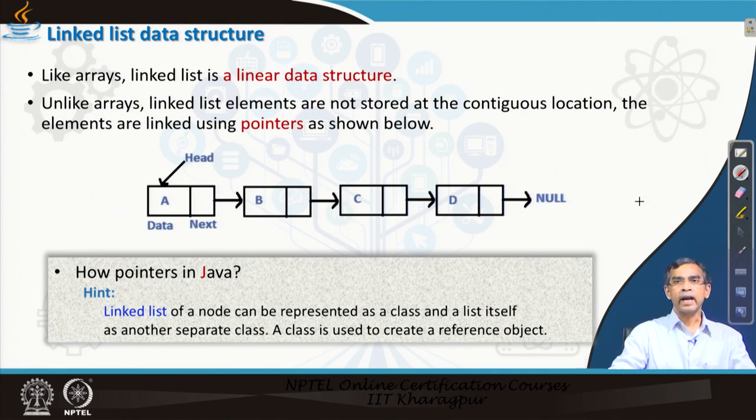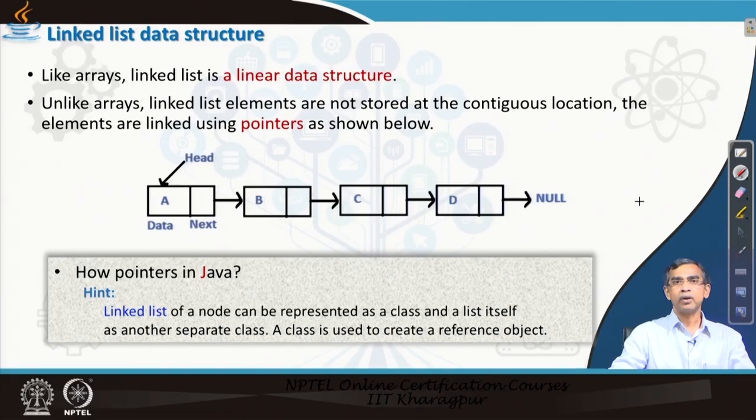The second thing is regarding the link. Data can be of any type. Now, the link is basically an address to the next node. The address is basically a pointer, the concept of pointer.